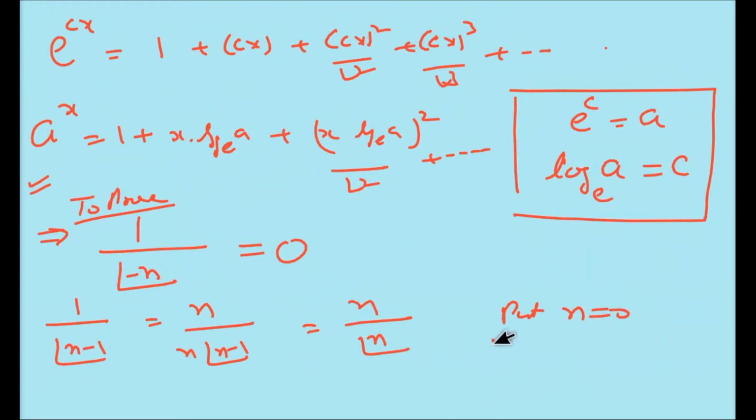What we get? 1 upon factorial 0 minus 1 equals 0 upon factorial 0, and we know the factorial 0 value is 1. So 1 upon factorial minus 1 is 0 upon 1. So 1 upon factorial minus 1 is 0.